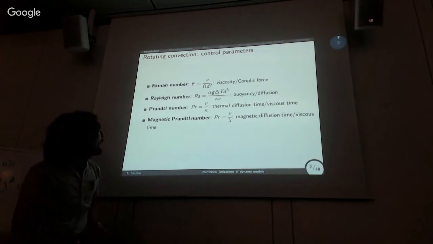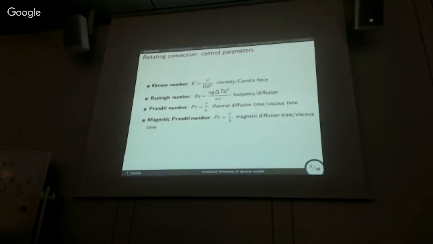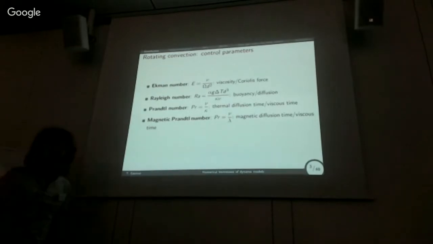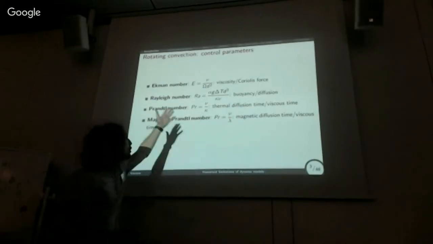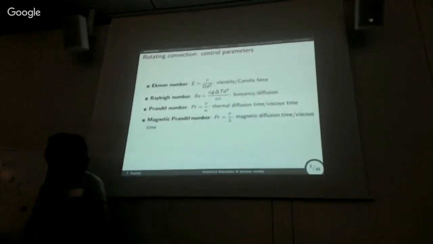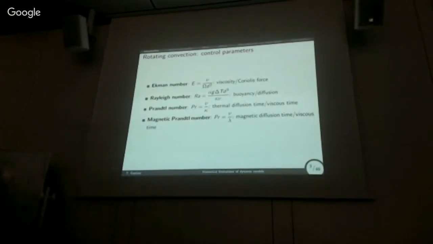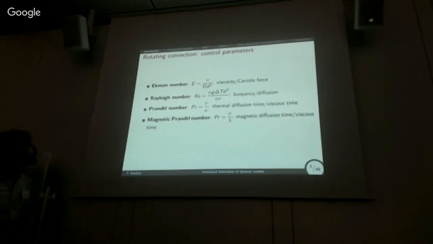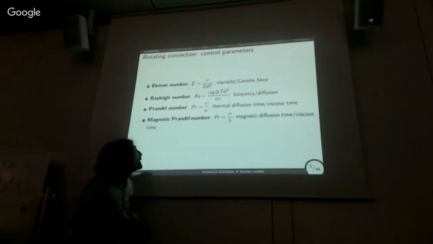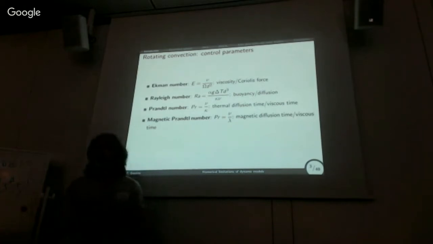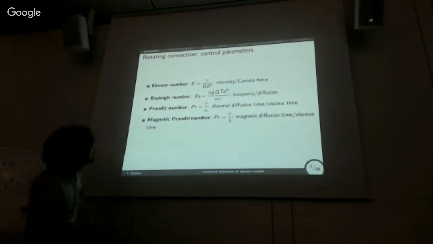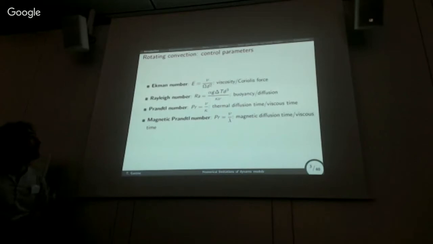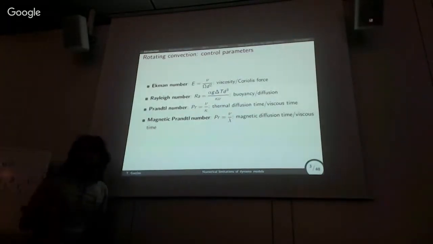It sounds like a very abrupt slide to start with, but now that you're getting a bit familiar with these dimensionless numbers, it should be fine. It's just a summary of the control parameters of a rapidly rotating, convectively driven system. It's controlled by the Ekman number, which characterizes the ratio of viscosity over Coriolis force. It's characterized by the Rayleigh number, which quantifies the vigor of your convective system.